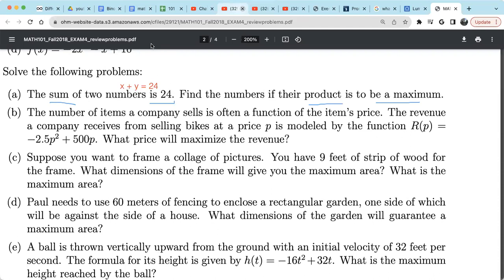Then, because I'm looking for the product, right? So I'm thinking x times y. Well, if x plus y equals 24, that means y, let me maybe write it one more time. That means y equals 24 minus x. So when I think about the product of x and y, that's x times y, I'm going to substitute y with 24 minus x. That gives me 24x minus x squared.